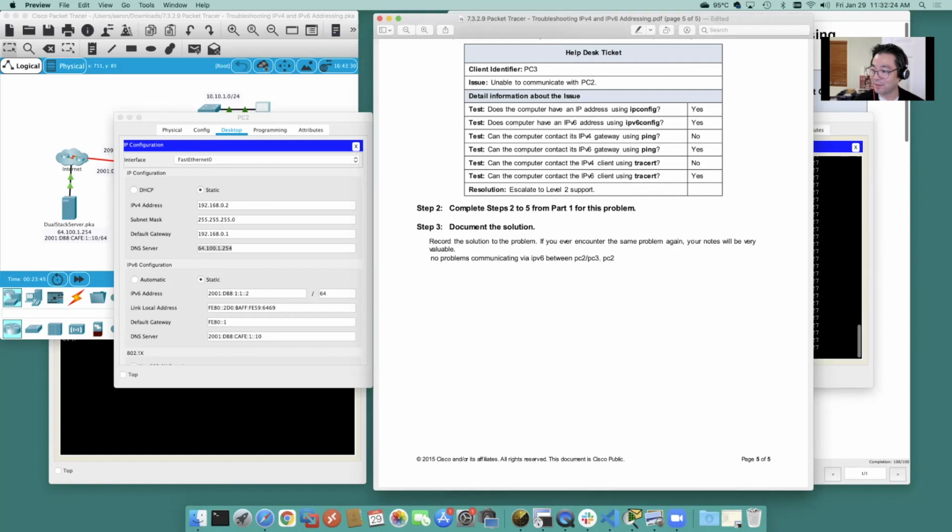PC2, IPv4: PC2 was missing an IPv4 default gateway. Change to 192.168.0.1.